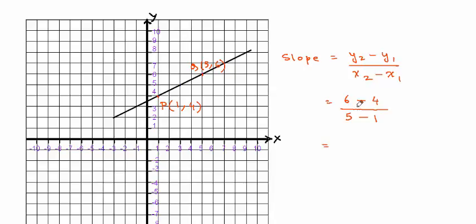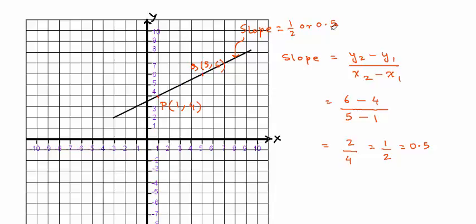And that gives me 6 minus 4 is 2 on the top, 5 minus 1 is 4 on the bottom, 2 over 4, which is 1/2, or 0.5. So we would go on to say that the slope of this particular straight line is equal to 1/2 or 0.5.